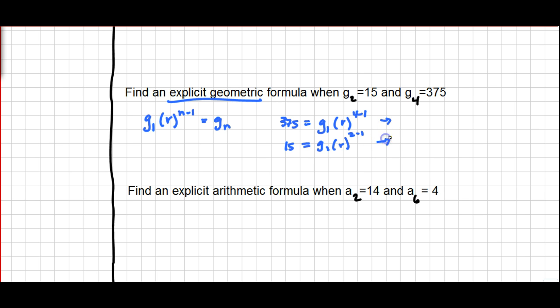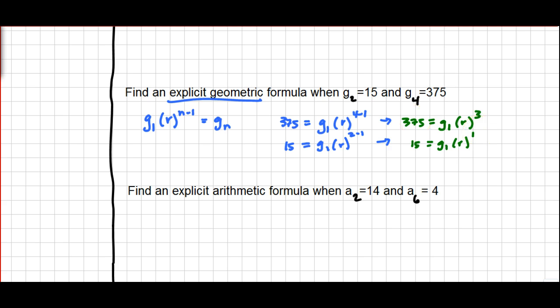Let's simplify those a bit, because we've got some subtracting to do there. So I end up with 375 equals G sub 1 times R again, but this time I'm raising to the 3. Then I've got my 15 equals G sub 1 and R, raising to just the 1 there, because 2 minus 1 is 1.